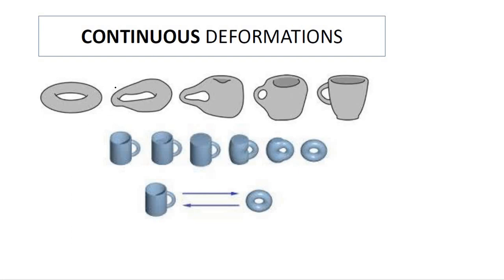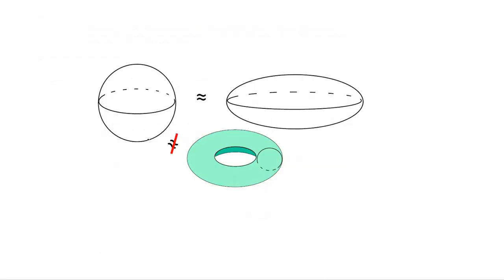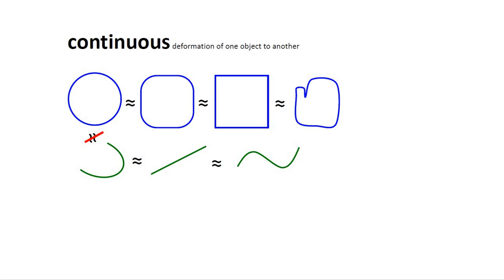So topologically, we can say a donut is equivalent to a cup. And likewise, here this is a sphere form. These are equivalent, but this is not, since there is a hole in it. So continuous deformation of one object to another without breaking makes them topologically equivalent.